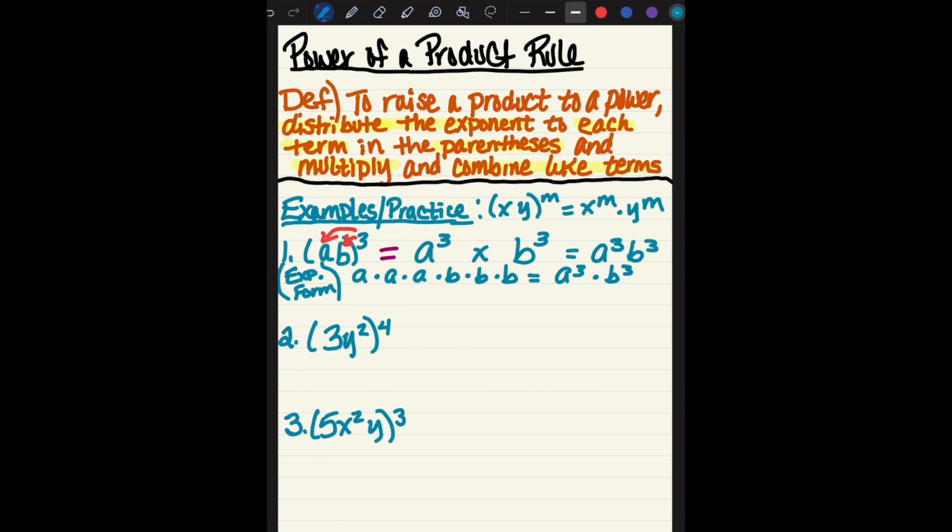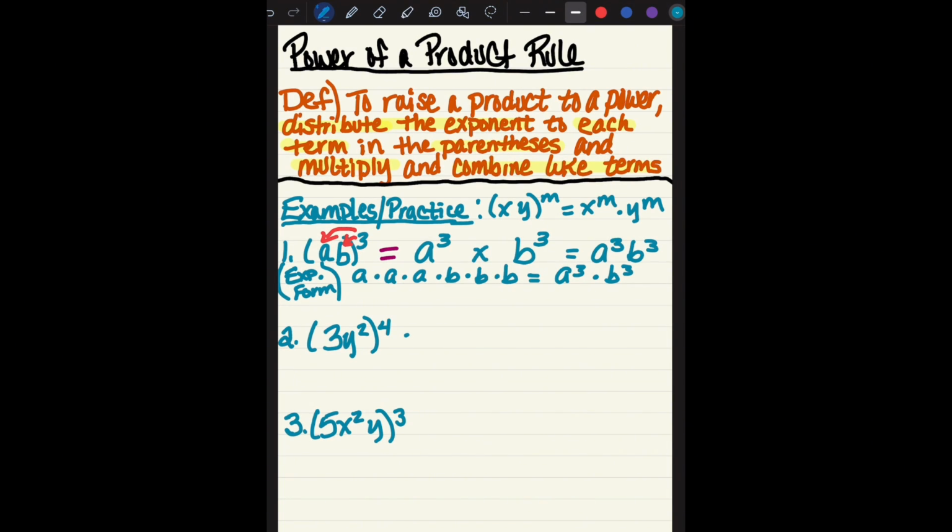All right, let's look at number 2. We have 3y squared raised to the 4th power. Something a little more difficult, but one thing about me: whenever I see a problem that seems more advanced, I break it down. You must break it down.